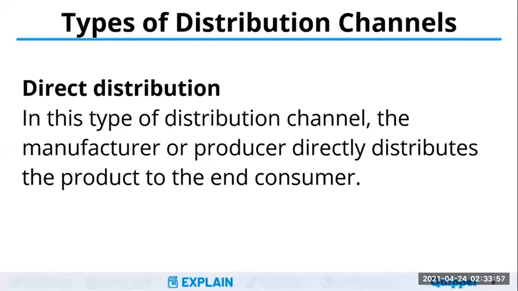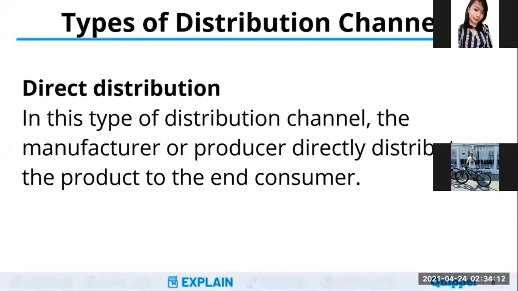Ayan. So, pagdating sa distribution, meron tayong distribution planning, no? When we say distribution planning, it is systematic decision making regarding the physical transfer of goods and services from the manufacturer to the final user or the consumer or the customer.